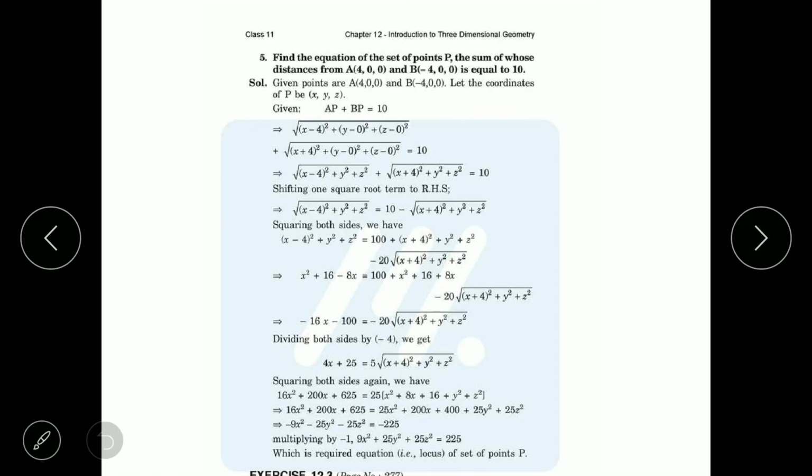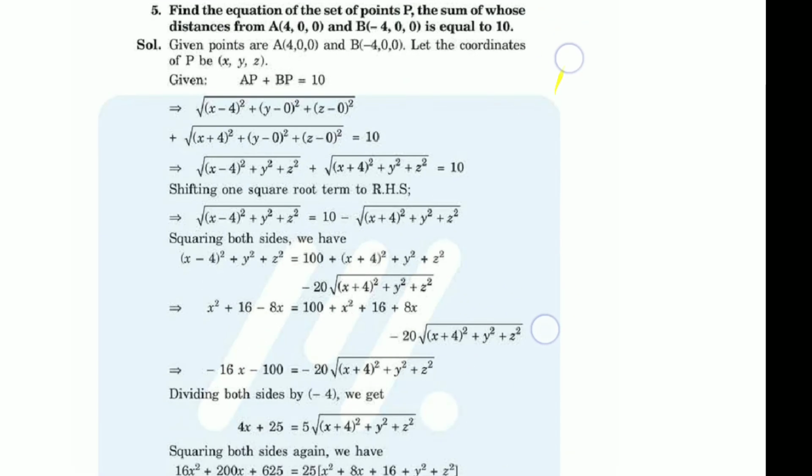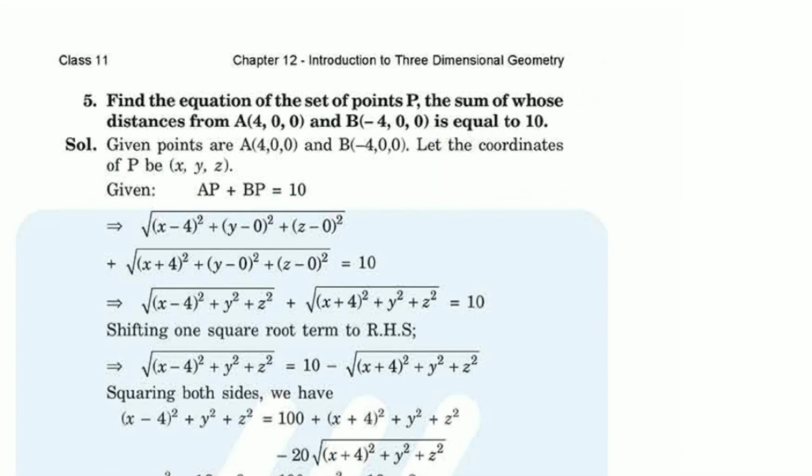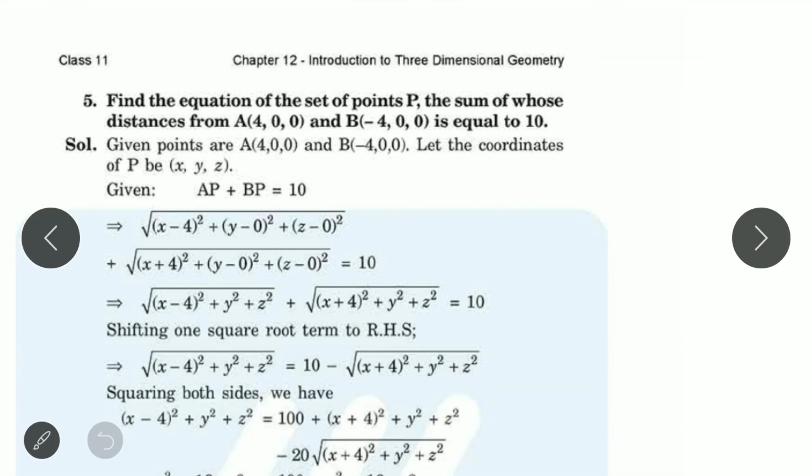Next, question number 5. I'll just enlarge it. Here also you are asked to find the equation. But what is the condition given to you? The condition is that the sum of the distances from A and B is equal to 10.